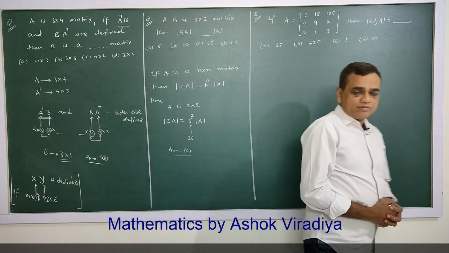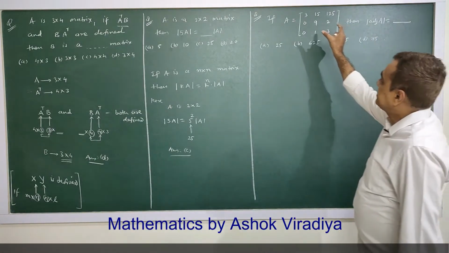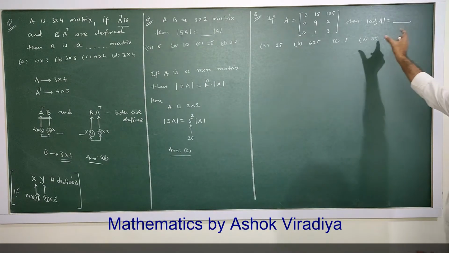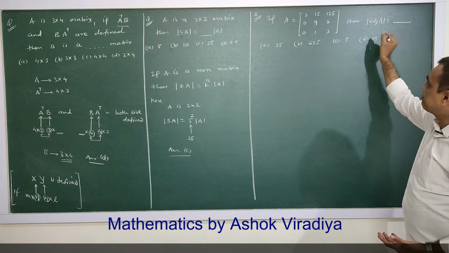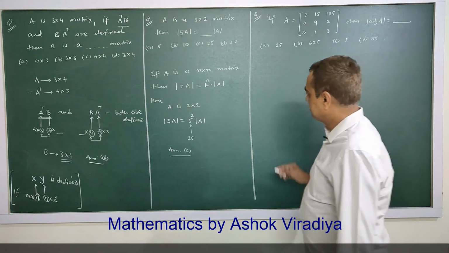Now in this question, matrix A is given, it is a 3 by 3 matrix. Then what is the determinant of the adjoint of matrix A? Now again remember one more property.